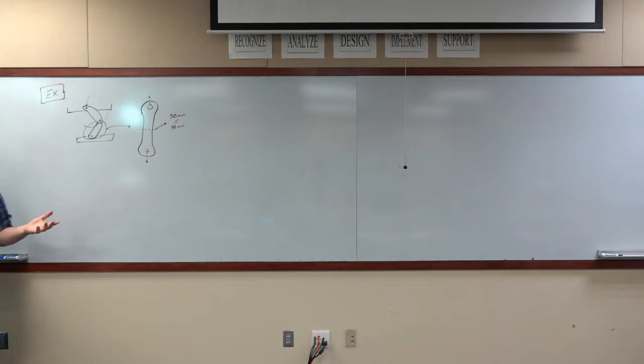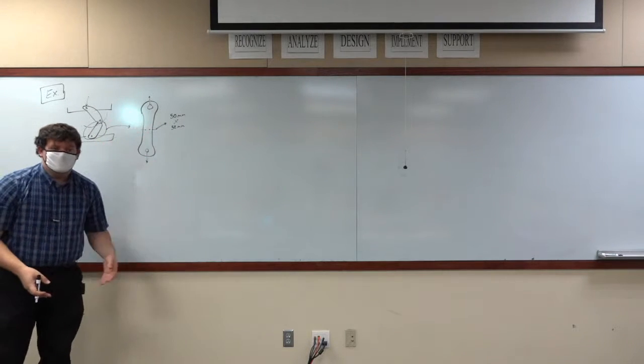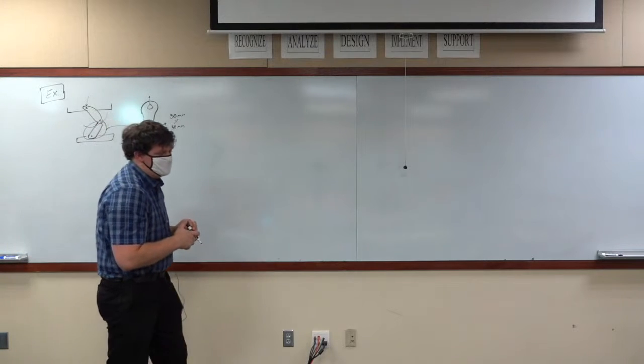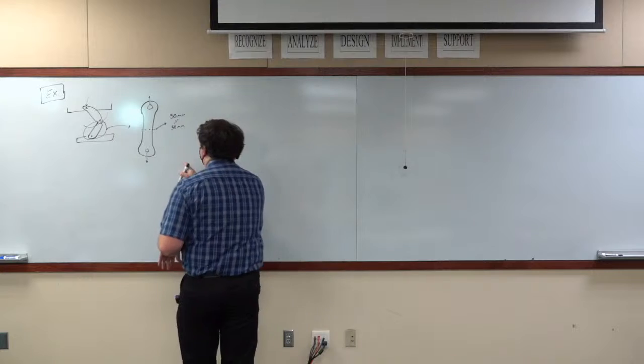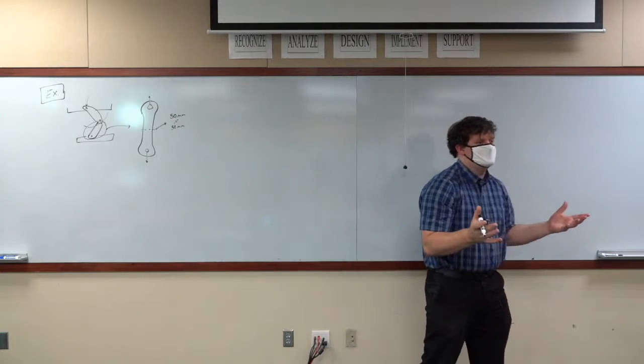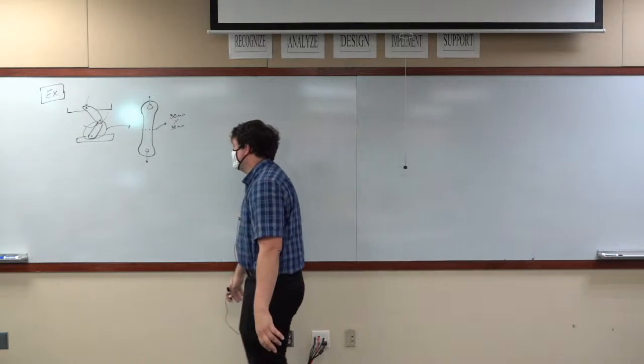And because they can't exert a moment, the force has to lie axially in line with the member. Okay? And this 50 by 50 cross section represents the thinnest part of this member. So it's the part that we're analyzing critically to see if it fails.